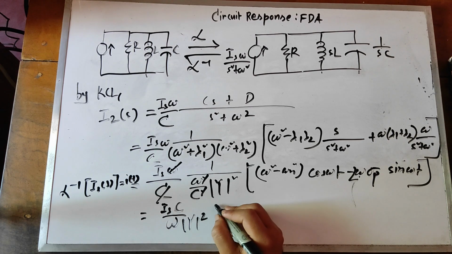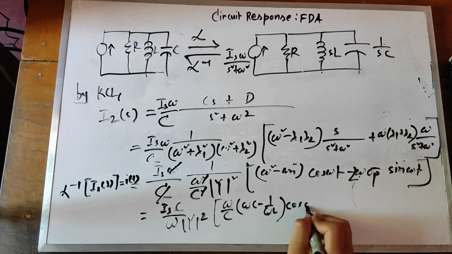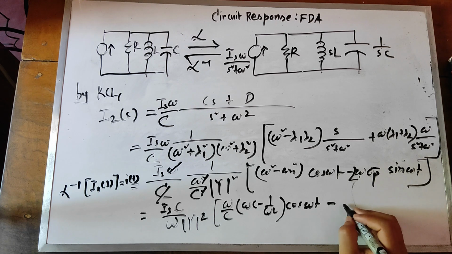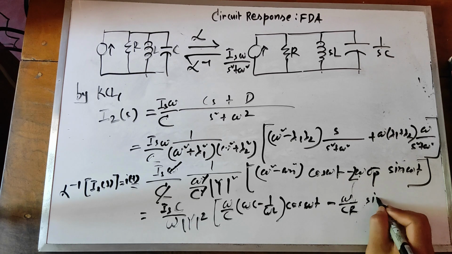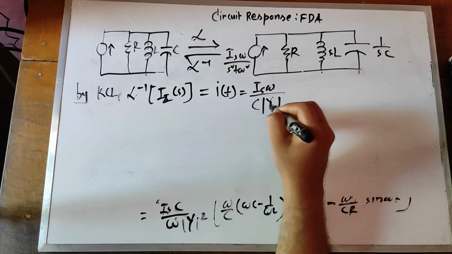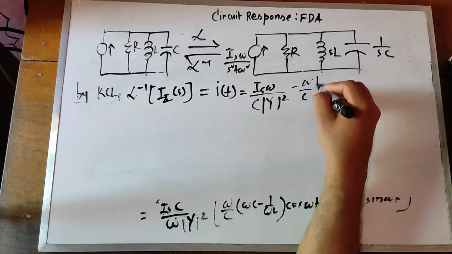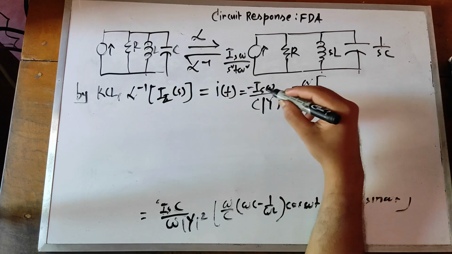And now if I take omega by c common from this, omega c minus 1 by omega l cos omega t minus sine, so minus, this will give me omega by c r in the denominator, so 1 by omega c magnitude of admittance squared, and if I take the minus omega by c out, there is also an extra minus, so I have forgotten it.